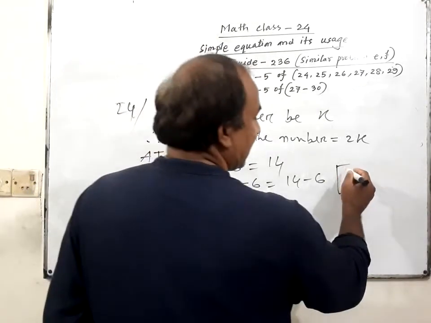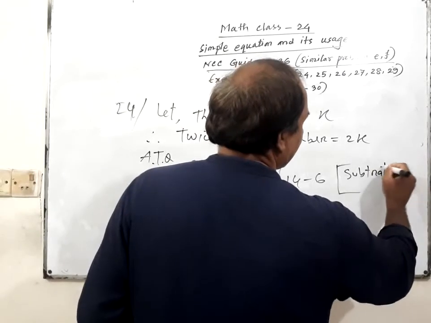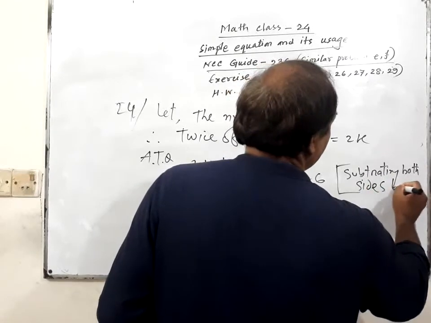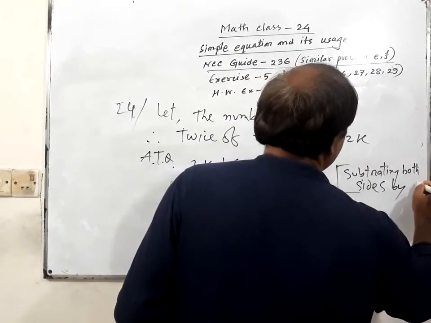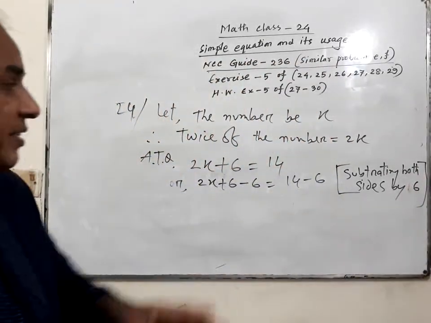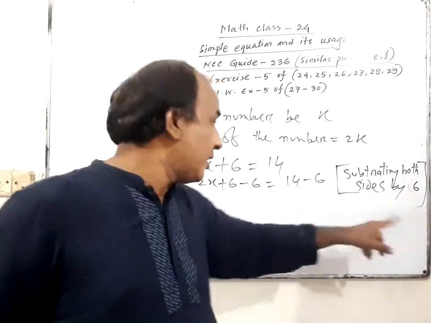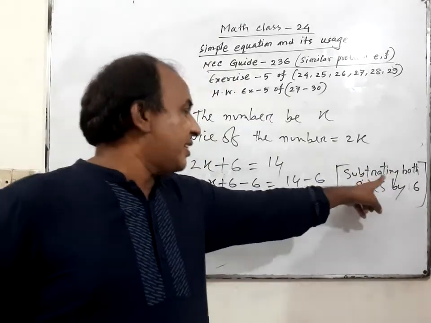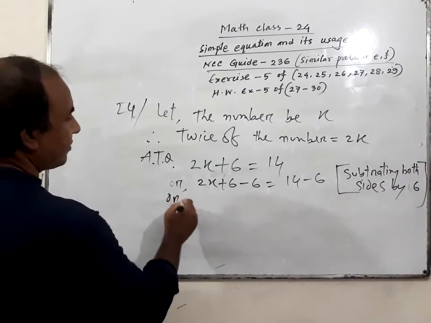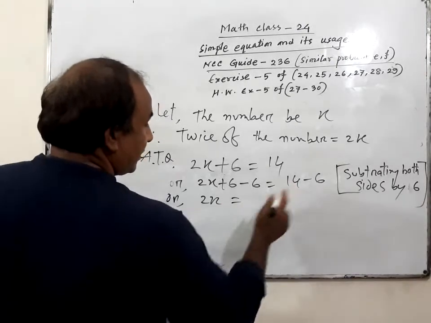Some students may think we have to put minus 6 here. No need, I have already written subtracting. So 2x is equal to 8.